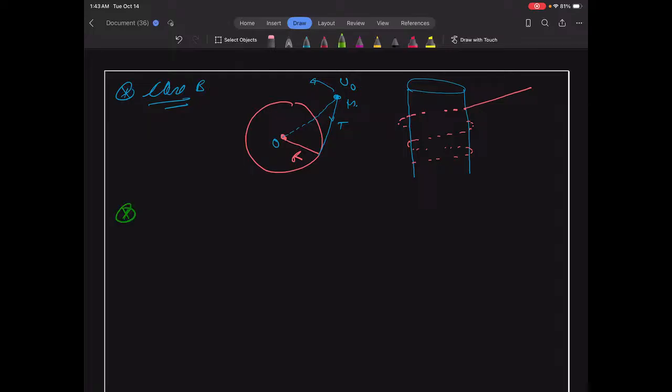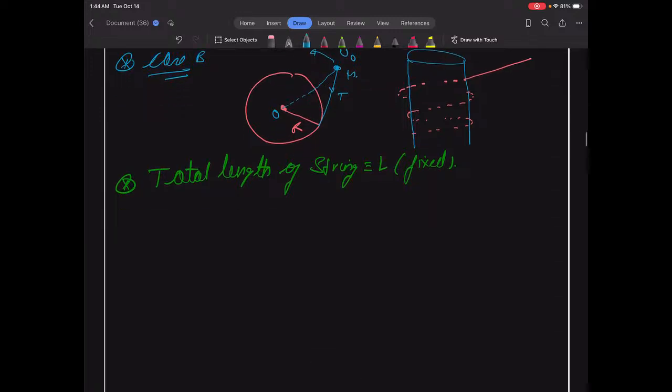So you can say that the total length of string is L, and that is fixed. And from the top view, we can clearly see that the string is somewhat acting like a tangent. Initially, it is going to act like a tangent.